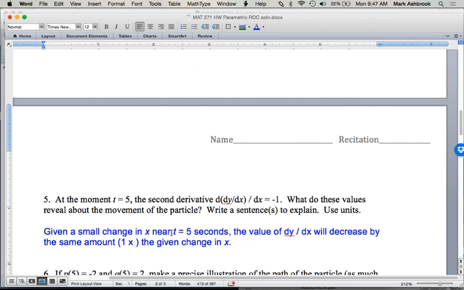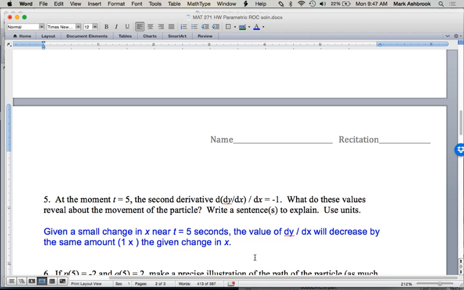So given a small change in x, the value of dy dx will decrease by the same amount, or 1 times that given change in x. So whatever the change in x is around t equals 5, the rate is decreasing by however much x changes, or a 1 times multiplier.